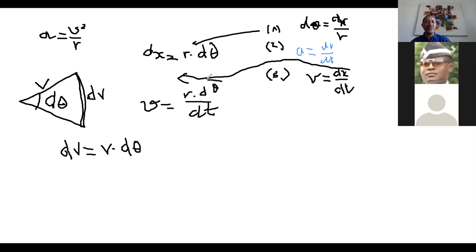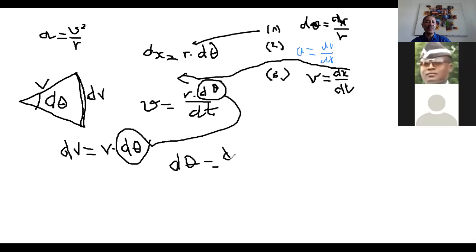So our d theta here is the problem, so you will change it with this. So d theta is equal to dv divided by v. Correct? All right, so we can deduce now the v here. v becomes r times d theta over dt.